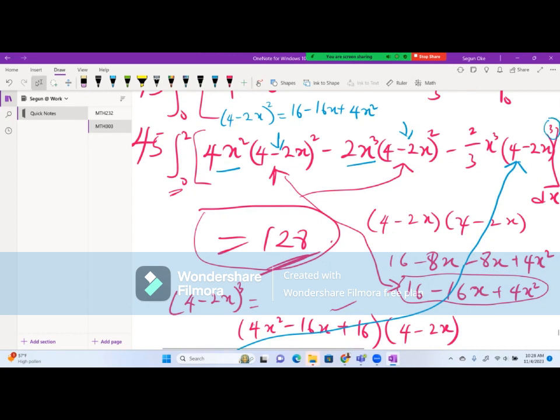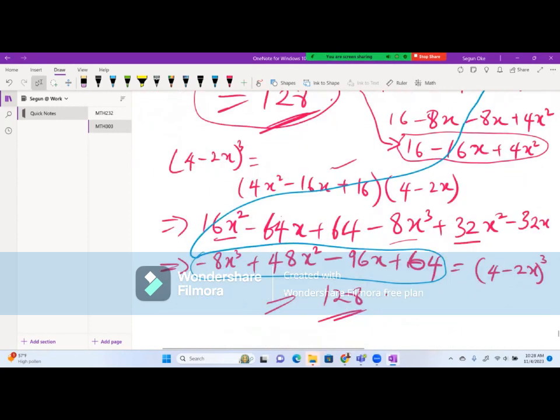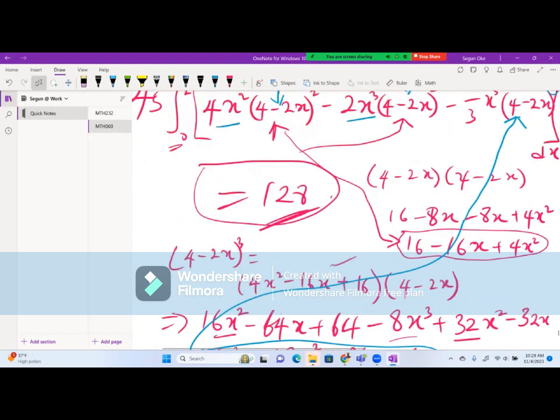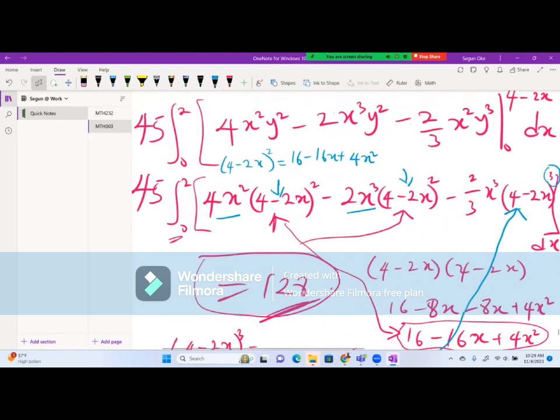This is a long calculation. Can you see it now? So when you have s cube there, and you've expanded s cube, you put this one there. When you put this one there, then expand them one by one.